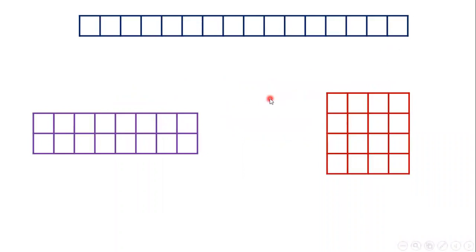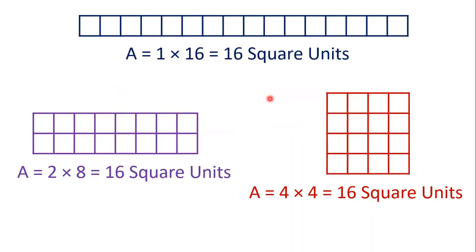Here I have three rectangles. If I count the area of each rectangle, the answer will be 16 square units. For this rectangle, the area is 1 multiplies 16 equals 16 square units.